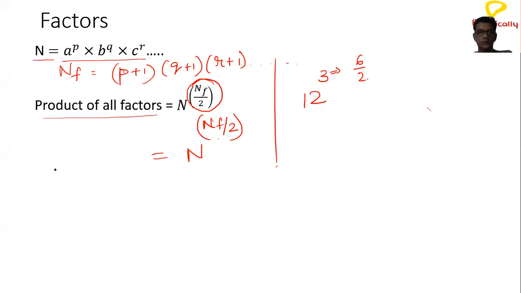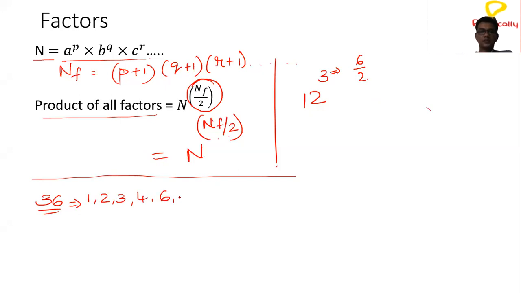All of you? Now, before you ask a question, let me tell you something. Let's say 36 is the number. The factors of 36 are 1, 2, 3, 4, 6, then 3 12s, 2 18s, and 1 36. These are the factors of 36. So if I ask you guys, what is the product of these factors?